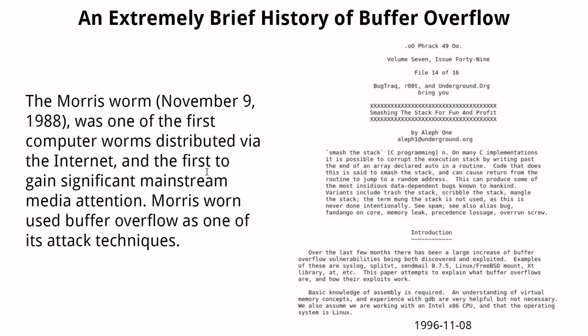He designed something we call the Morris worm. And this was the first computer worm, computer virus. It distributed via the internet and took down a large portion of the internet at that time. And Morris was actually convicted for this incident.